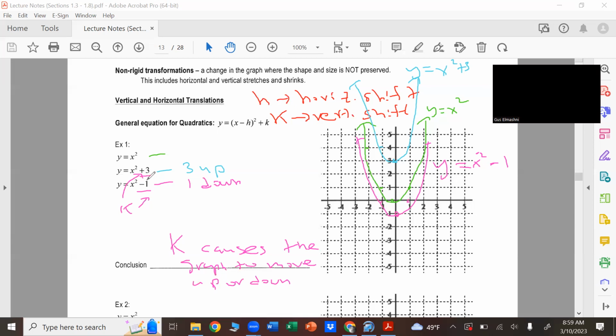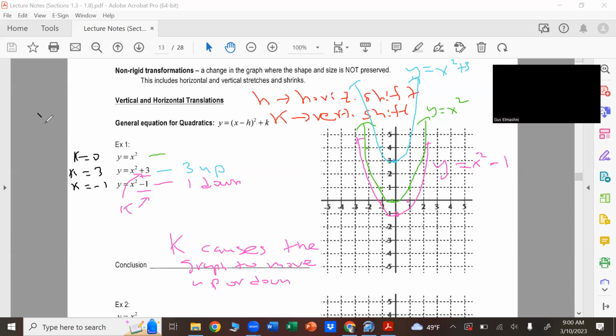When is it shifting the X? That's the next one. That's going to be H. So in summary, K here was 0. K here was 3. And K here is -1.